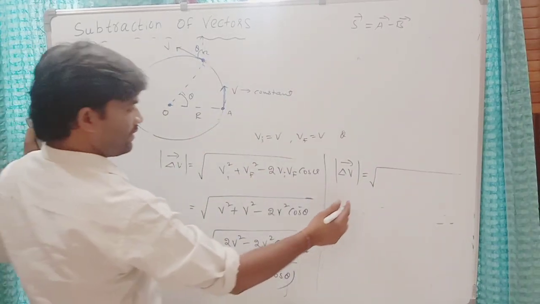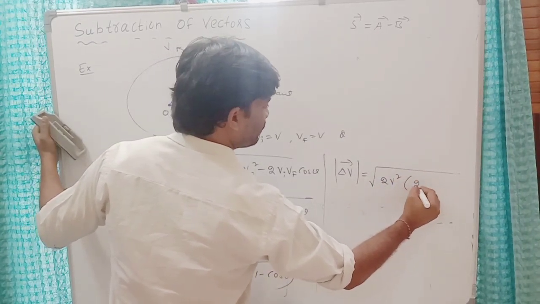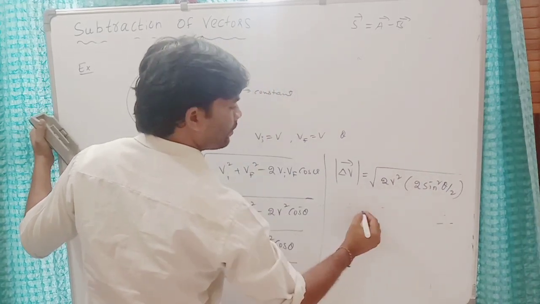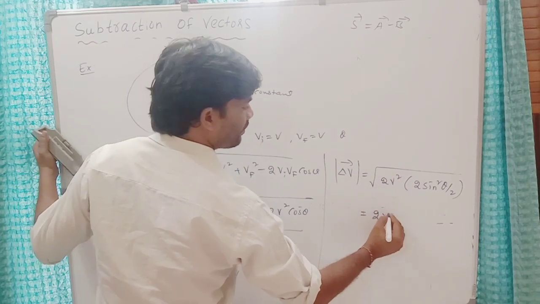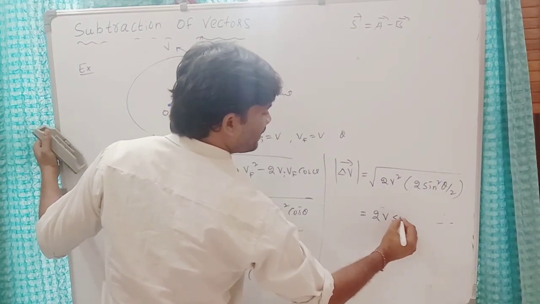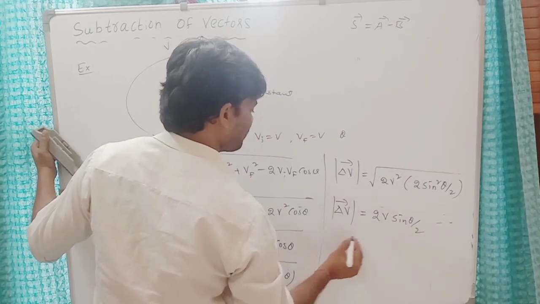So this is 2v square, 1 minus cos theta, which is 2 sin square theta by 2. 2 into 2, 4, it becomes 2 outside the root. V square outside the root becomes v. Sin square theta by 2, root is sin theta by 2. This is the magnitude of change in velocity.